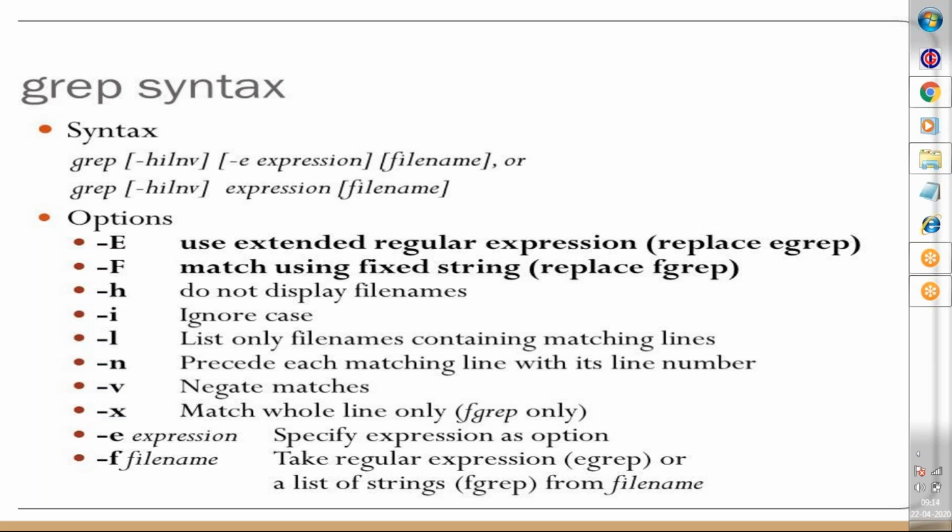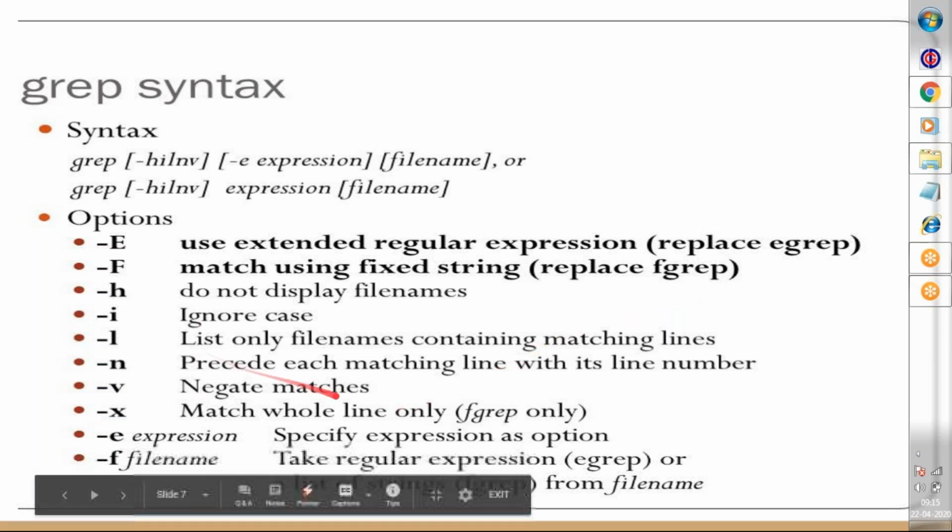So either you go for grep with the -f or fgrep. E stands for extended, or multiple expressions. If you want 2-3 expressions in one search for 2-3 words, go for extended regular expression, or you can replace it with egrep. All these options are the same.